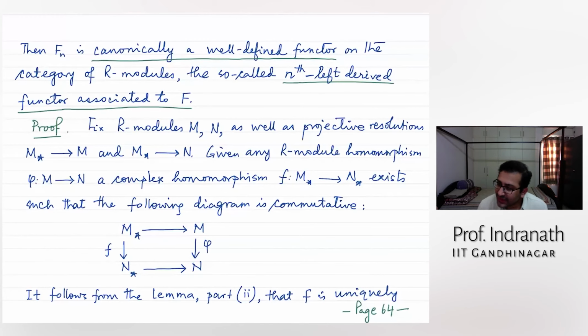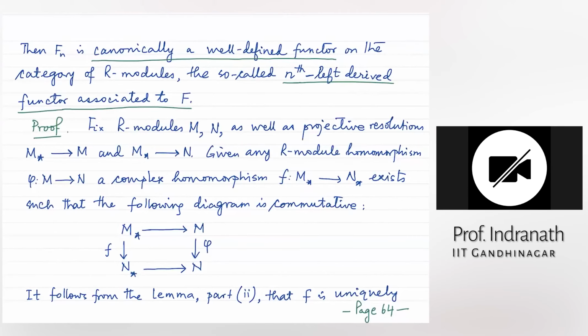What do you mean by canonically a well-defined functor? Can somebody tell me what exactly requires to be proved? Because I have said proposition cum definition. The definition part is probably okay, but what do I have to check?